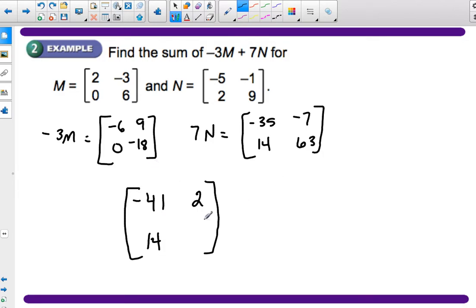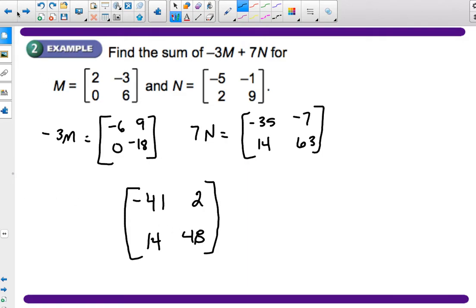Negative 18 plus 63 is going to give us, let's see, 48. And that is it. Okay, hopefully that makes sense. If you have any questions, let me know.